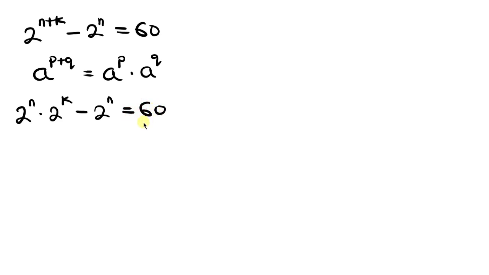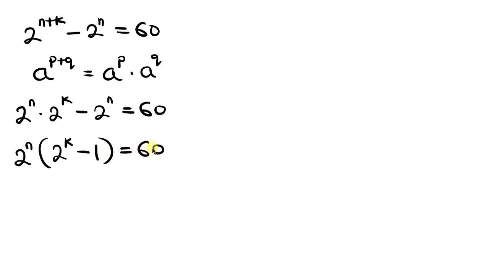Now notice that 2 to the n is common, so we factor out 2 to the n. 2 to the n times 2 to the k divided by 2 to the n gives 2 to the k, minus 2 to the n divided by 2 to the n gives 1, equal to 60.